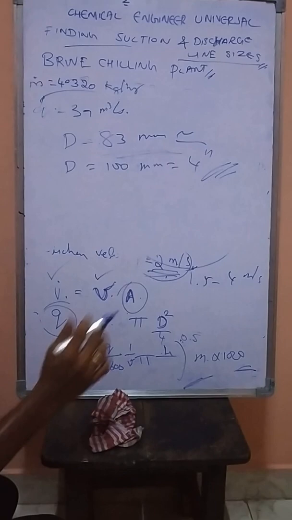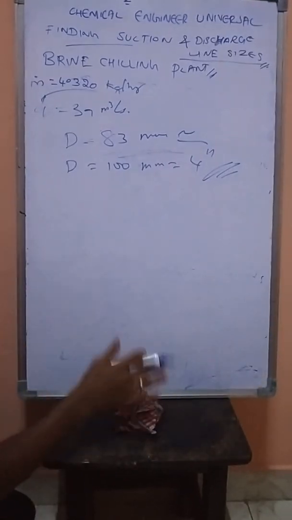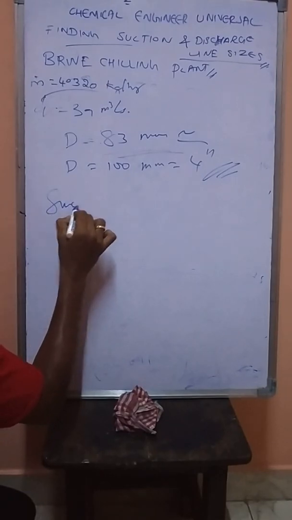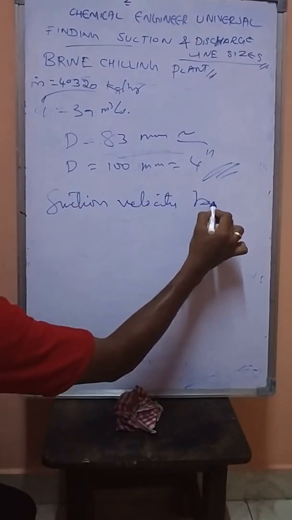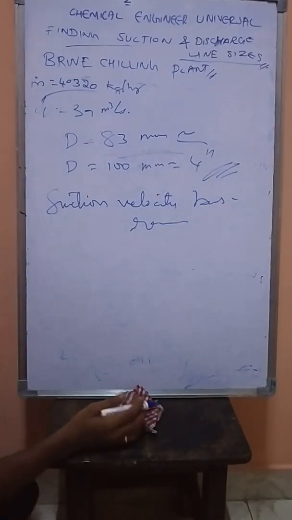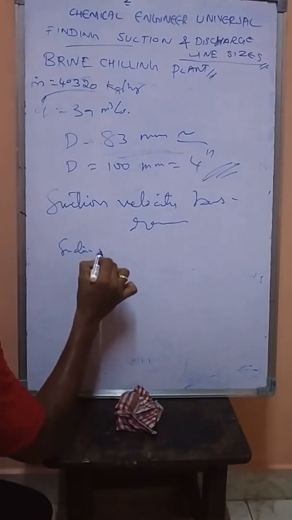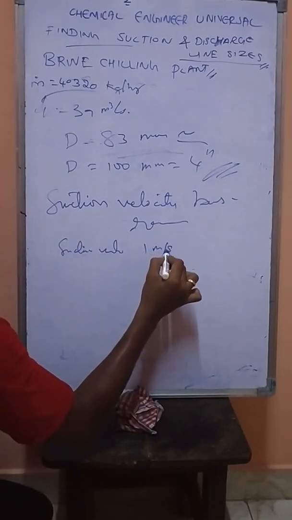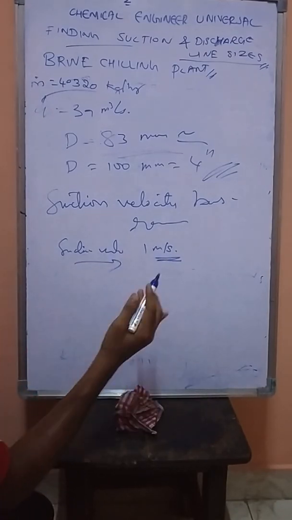Similarly, for the same case, you can find out the suction line size also. The only thing is that the suction velocity you have to take based on the recommendations as per API or BS standards, whatever it is. If you take suction velocity as 1 meter per second, I just calculated, you can work it out.